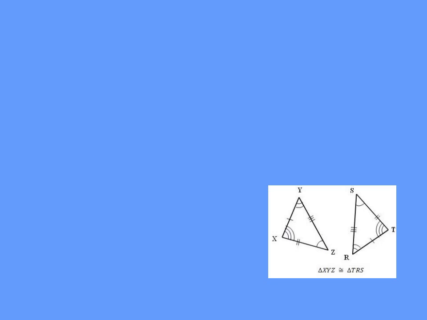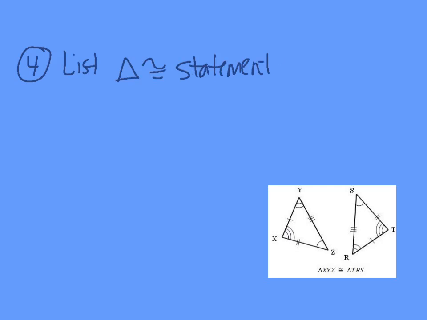Alright, the very last step then, once you mark those parts, the final step is going to be to have a triangle congruent statement. So final step is to list the triangle congruent statement. And if you forgot what a triangle congruent statement is, which we kind of just went over this too, it looks like this down here that I circled.